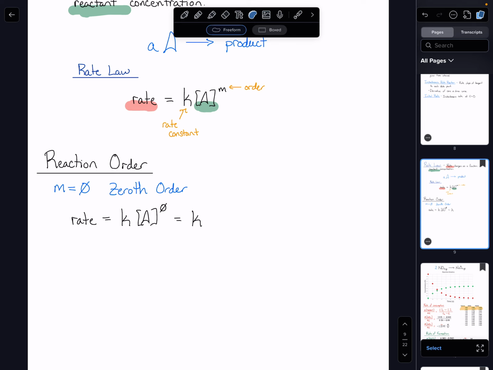So for a zeroth order reaction, what's going to happen if I change the concentration of A? Is that going to have any effect on my reaction rate? No, that term doesn't appear anywhere in this equation at all.